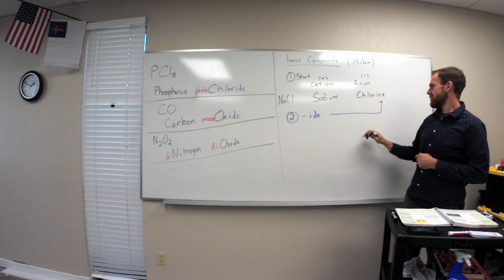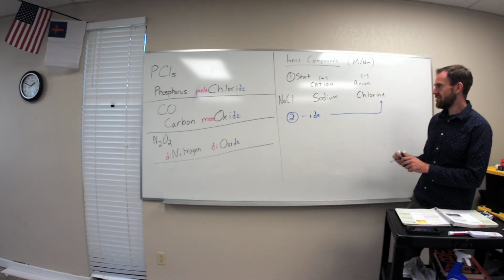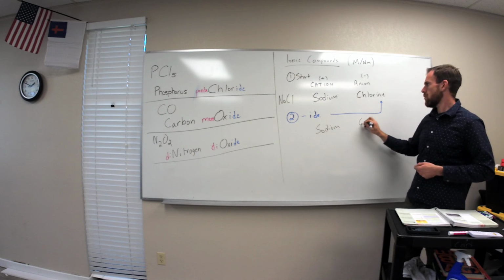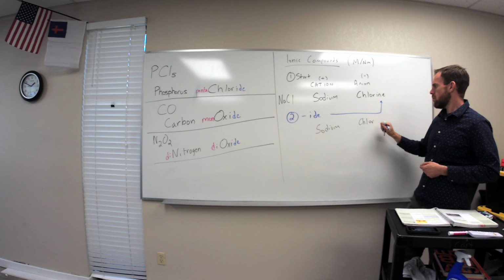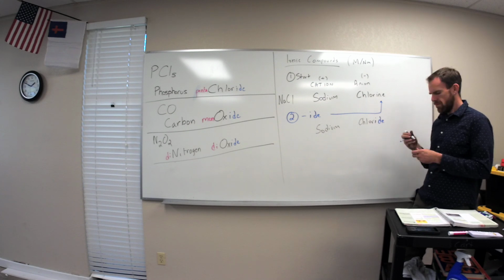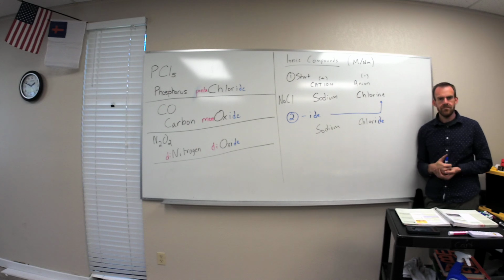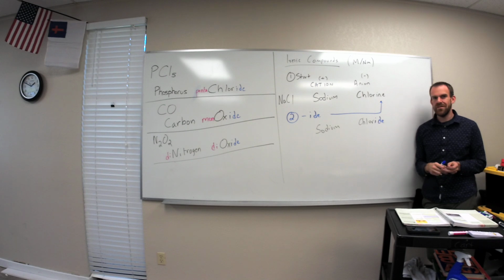So we chop this off and we get chlor. I guess I could do it this way. Easy enough? Yeah. Might actually be easier than covalent sometimes, but it's usually not.